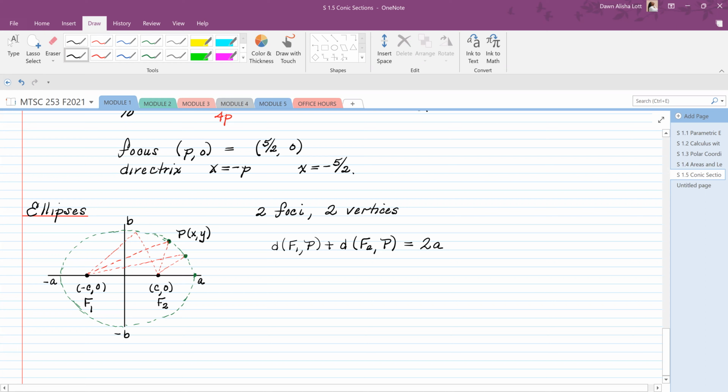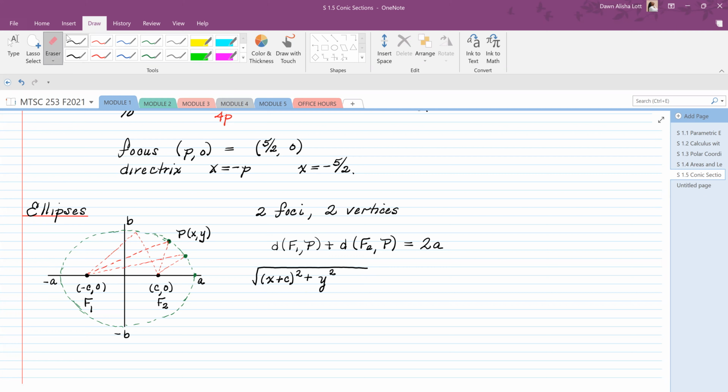Now what's the distance between F1 and P? That is the square root of (x minus negative c, which is x plus c) squared, plus (y minus 0), so y squared.